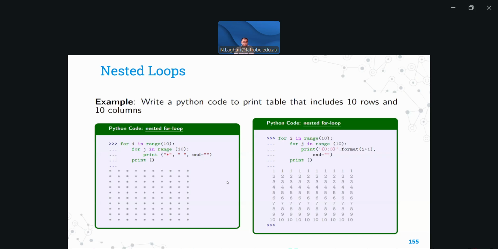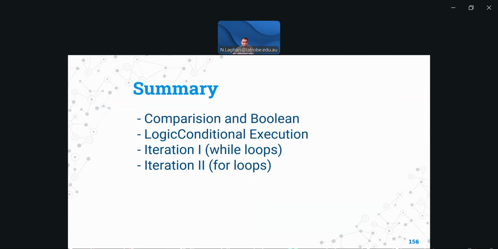All good. So this was all about loops. We have covered comparisons and Booleans, logic, conditional execution, and iterations in general, including while and for loops. Now, if you have any questions, you are welcome.